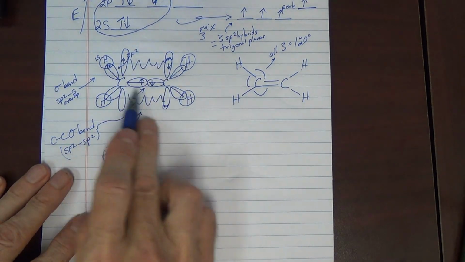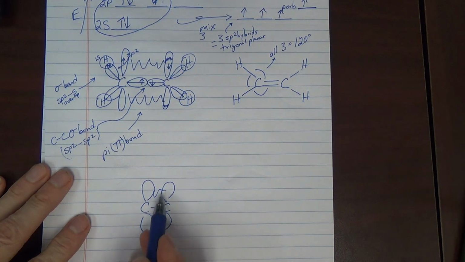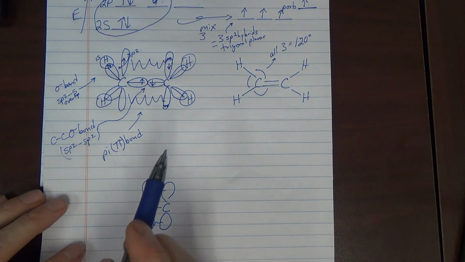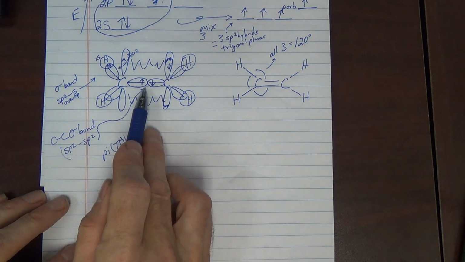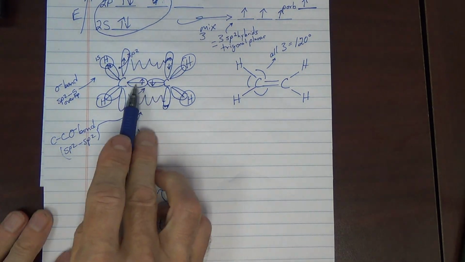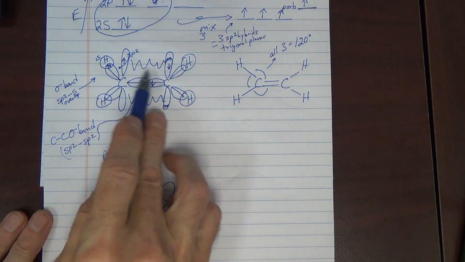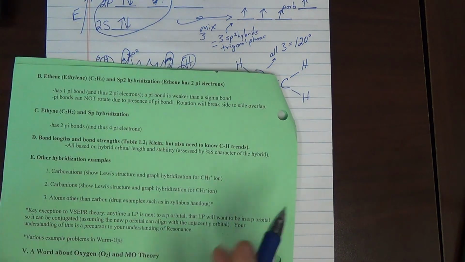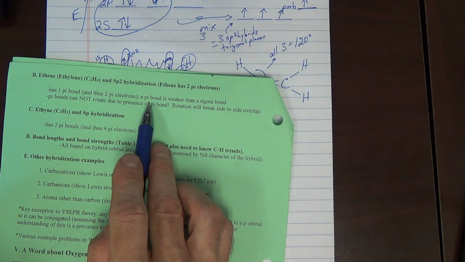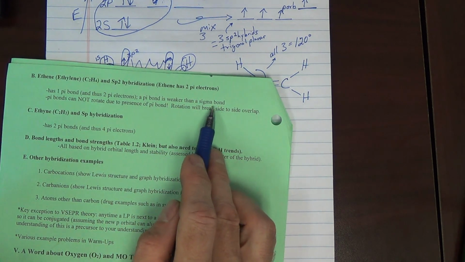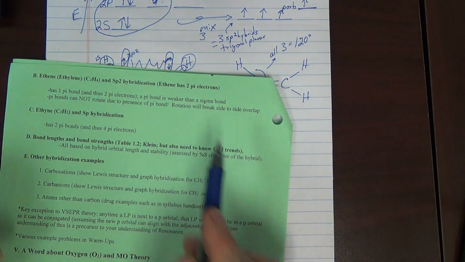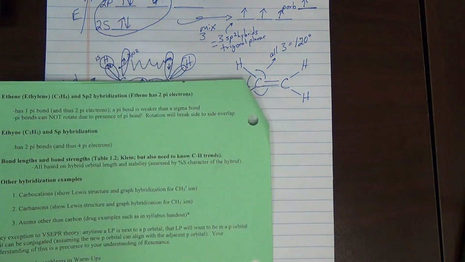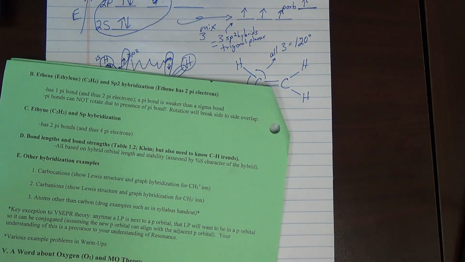I just have these far apart here, but they are close enough to interact. But still, we do need to know the sigma bond, the head-to-head overlap, is stronger than a side-to-side overlap, and thus a pi bond is weaker than a sigma bond. Rotation will break it, so usually it will not rotate.